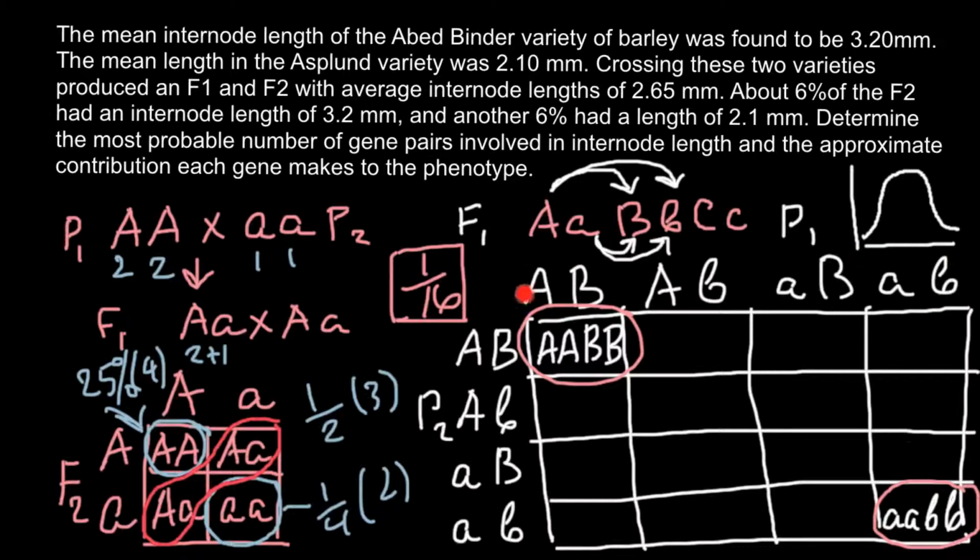So instead of 4 we would have 8, and our square would be 8 by 8. Once again, the extreme genotype would occur in a frequency of 1/64. So this number would quadruple, and the same rule applies with each new gene that controls the trait.